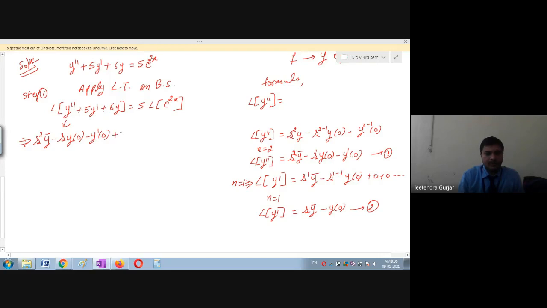Next, plus 5 is constant, so I'll write 5 outside. So whatever terms are there, Laplace transform of y dash is s y dash minus y of 0 plus 6 is again constant. I will write 6 as it is.